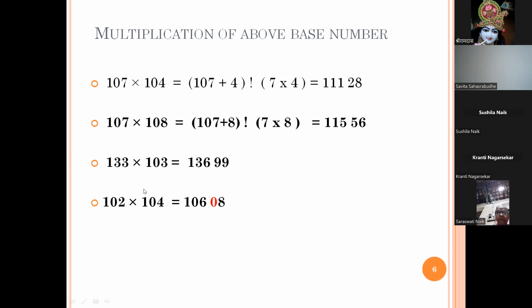But as the base contains two zeros, we need two digits on the right-hand side. That's why we add a leading zero without changing the value, because if I put a zero afterwards, it becomes 80 and the answer goes wrong. So the answer is 10608. Is this scenario clear?